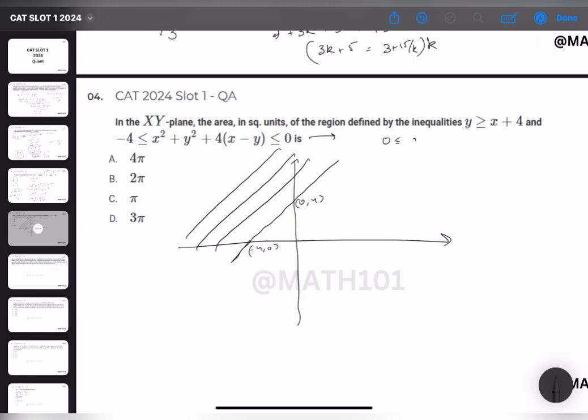0 greater than or equal to x square plus y square plus 4x minus 4y plus 4 less than or equal to 4.